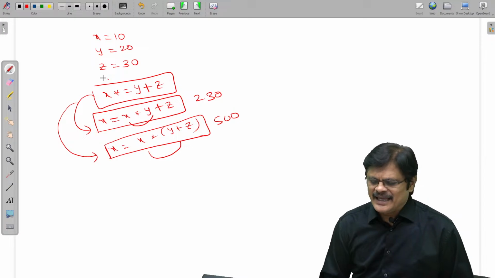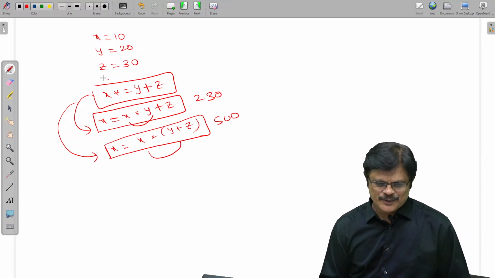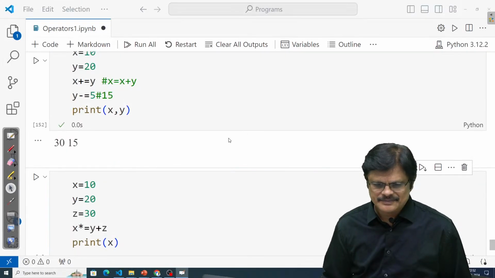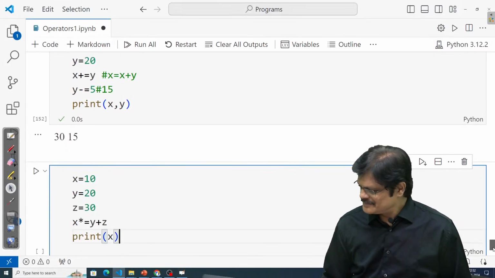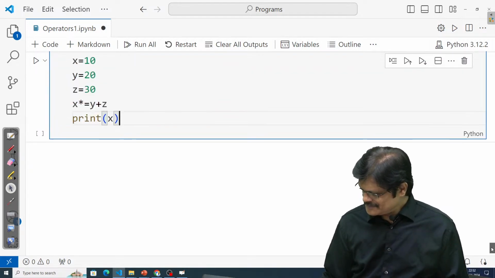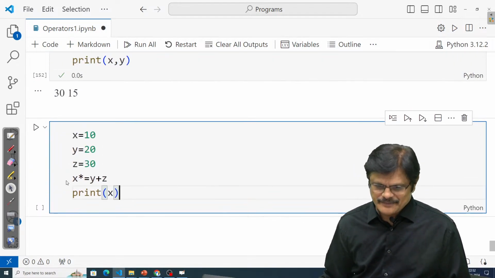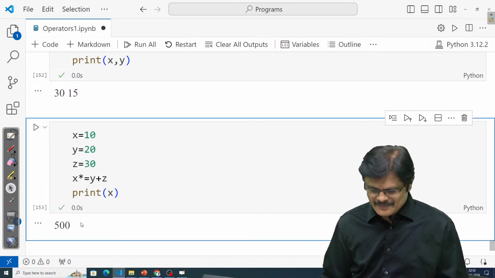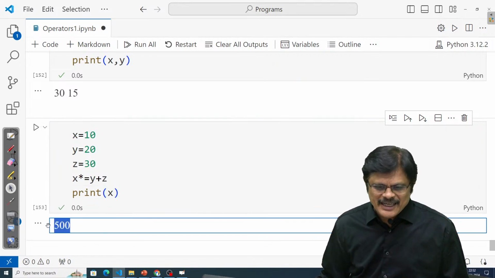Is it x into y plus z? What is the expected answer, my dear friends?